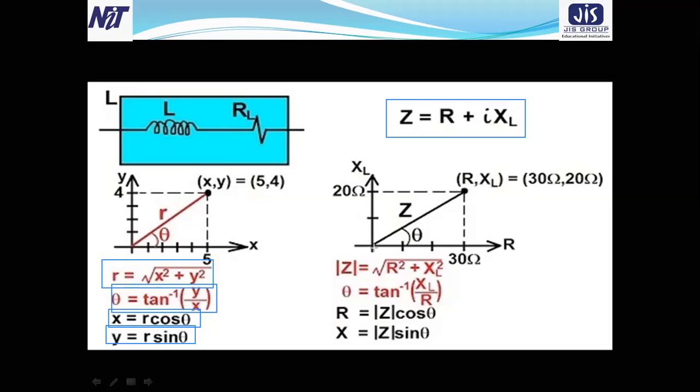This is R phasor, XL phasor. Now theta equals tan inverse XL by R, and R equals Z cos theta and XL equals Z sin theta.